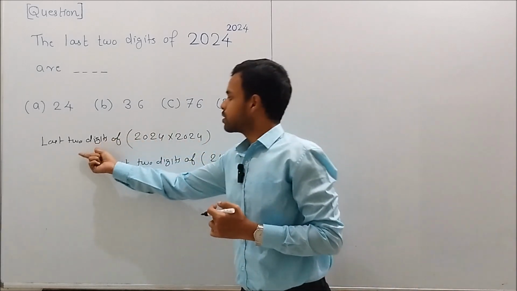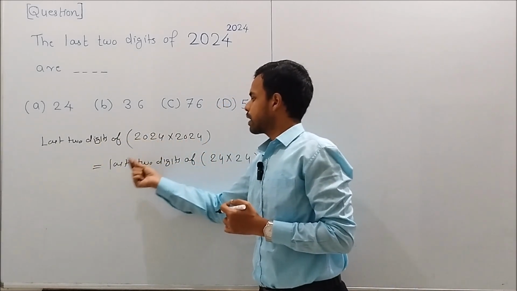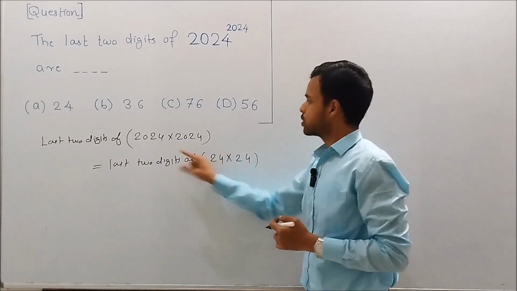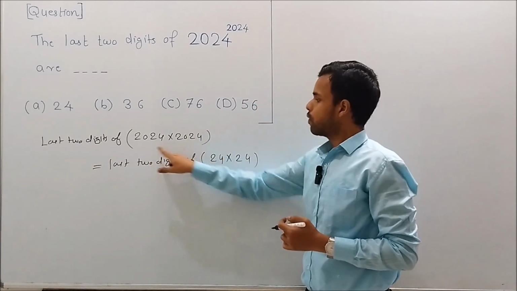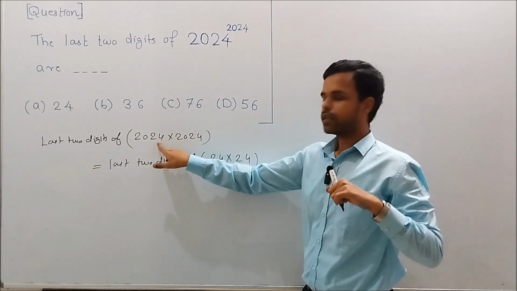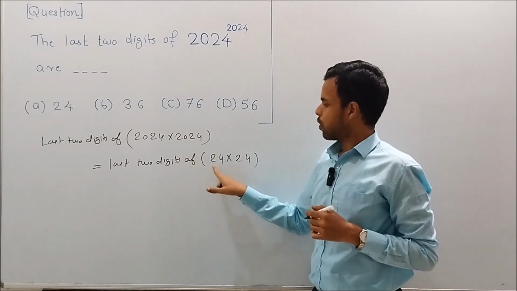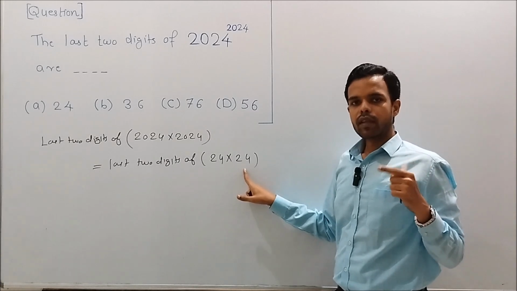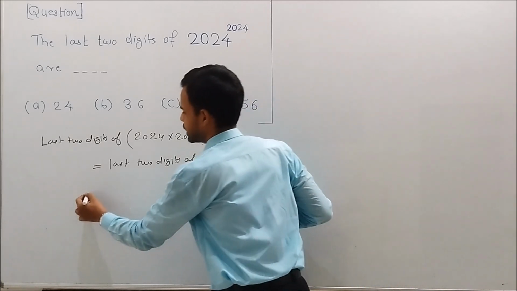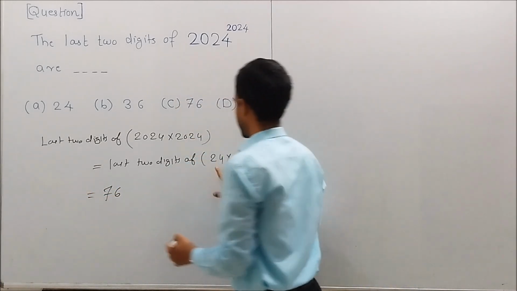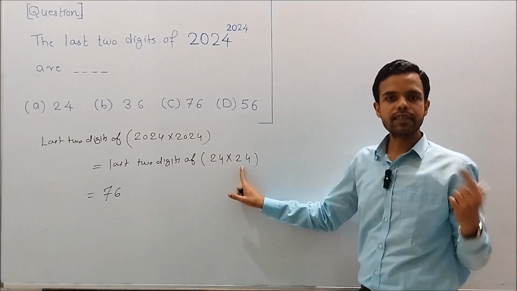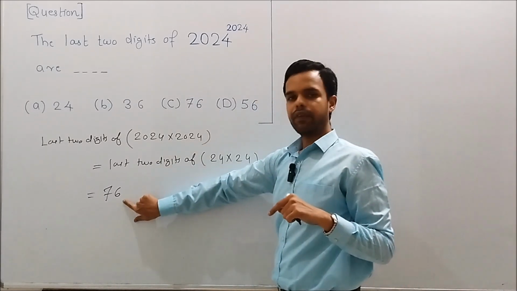That's why the last two digits of this product are the same as the last two digits of the product of the last two digits of the original numbers. So the last two digits of 24 times 24 are 76, because 24 squared is 576.